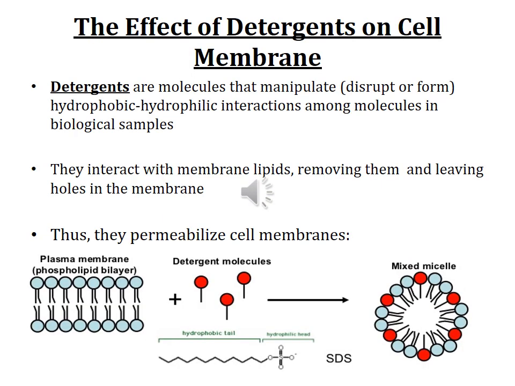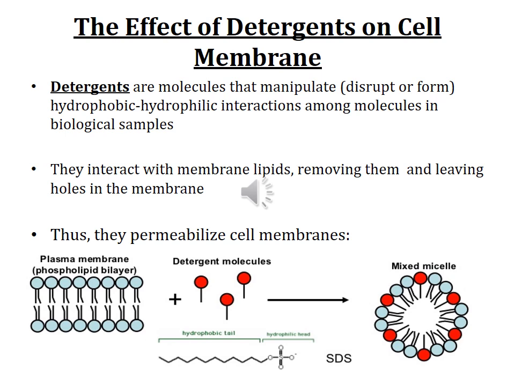Alright guys, so what do we expect to see when we add detergent to the cell membrane? As I explained earlier, detergents have one leg. They have a hydrophilic head, like the phospholipid, but they have one hydrophobic tail. So when you add the detergent, whether it's Triton or SDS, this interferes with the phospholipid bilayer and creates a micelle, which is not good for the cell.